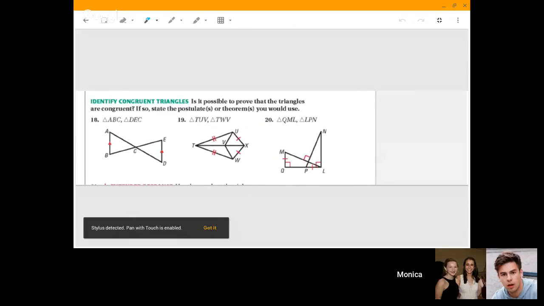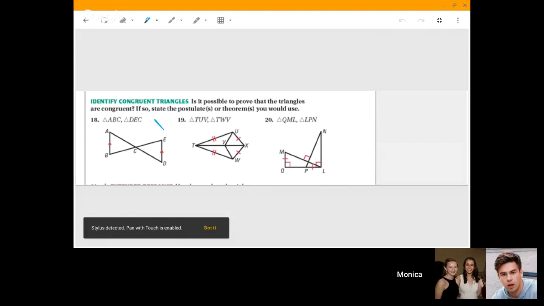For these, you're supposed to say, is it possible to prove that the triangles are congruent? And then if so, state the postulate or theorem that you would use. So when we look at number 18, we know that we have parallel lines, right? Well, the only thing we can determine from parallel lines is whether specific angles are congruent. We're not going to be able to tell if any of the sides are congruent using the fact that we have parallel lines.